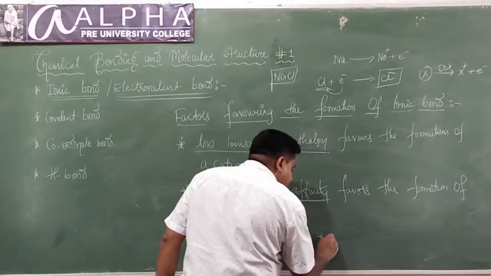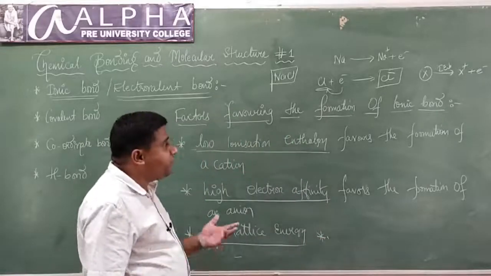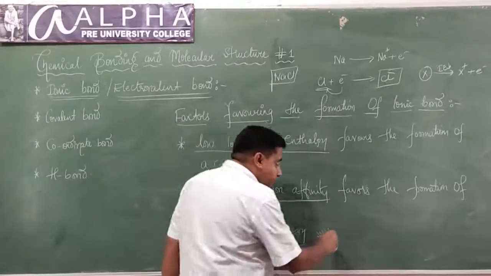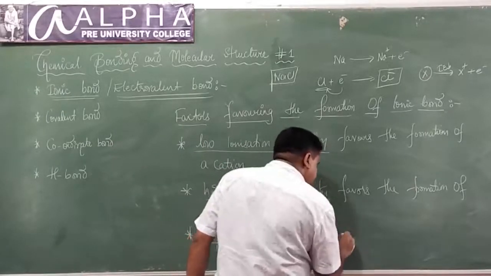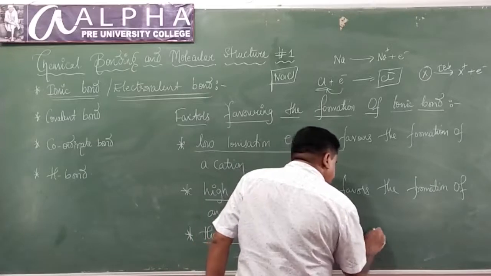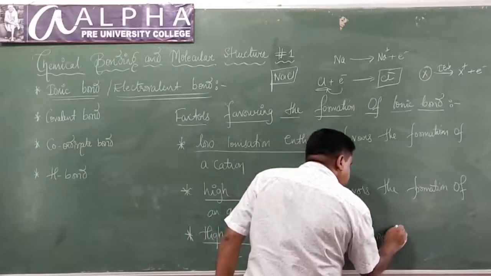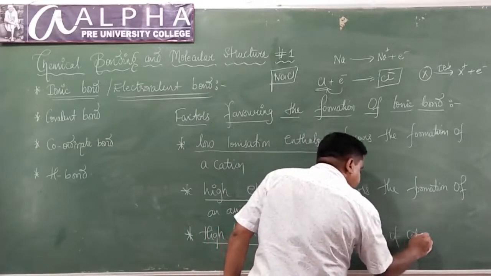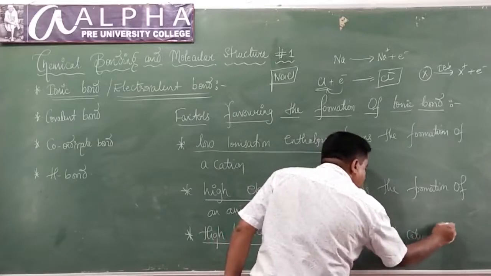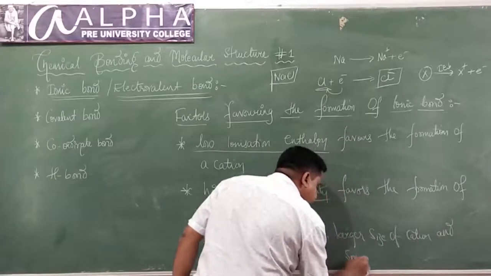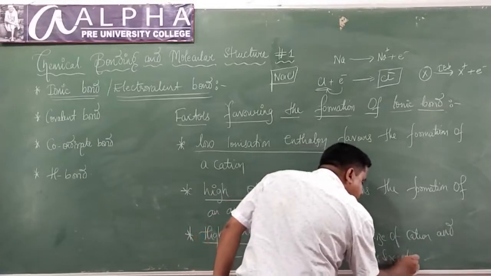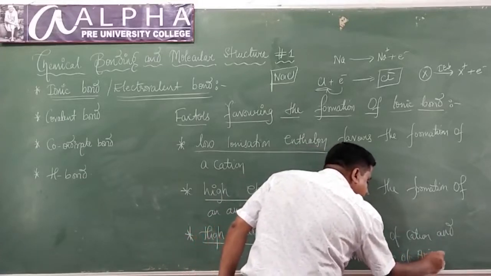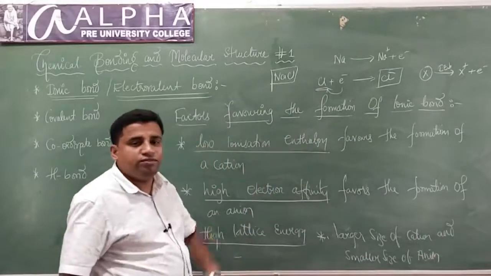The last factor that might favor the formation of ionic bond is larger size of cation and smaller size of anion.